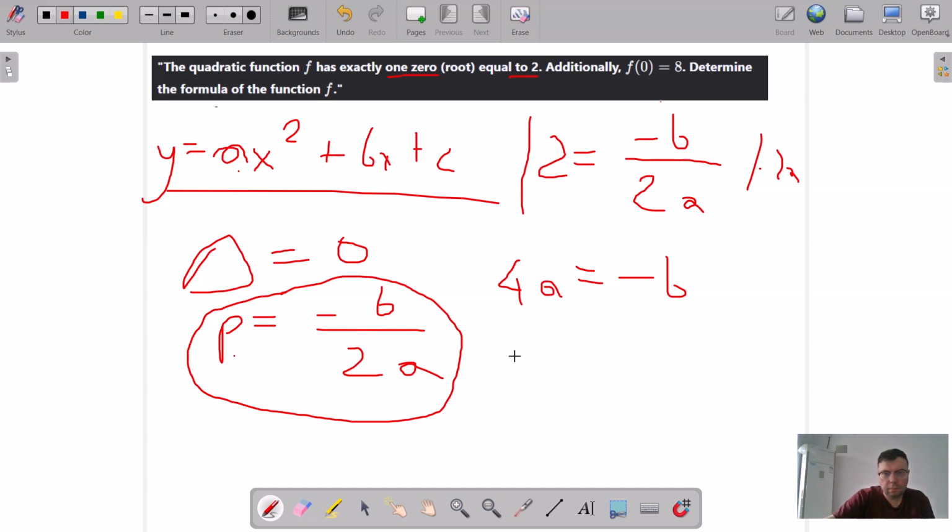So what else can we find out here? We know that b equals minus 4a if we change the form. And we can also observe that b is 4 times bigger than a.